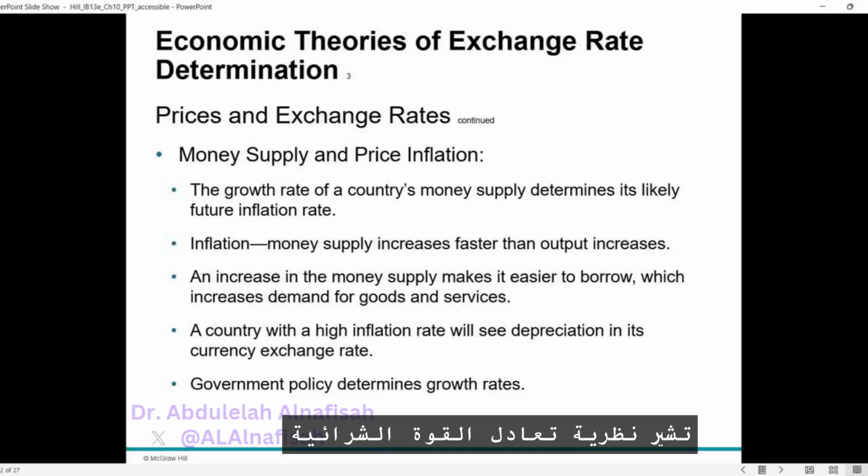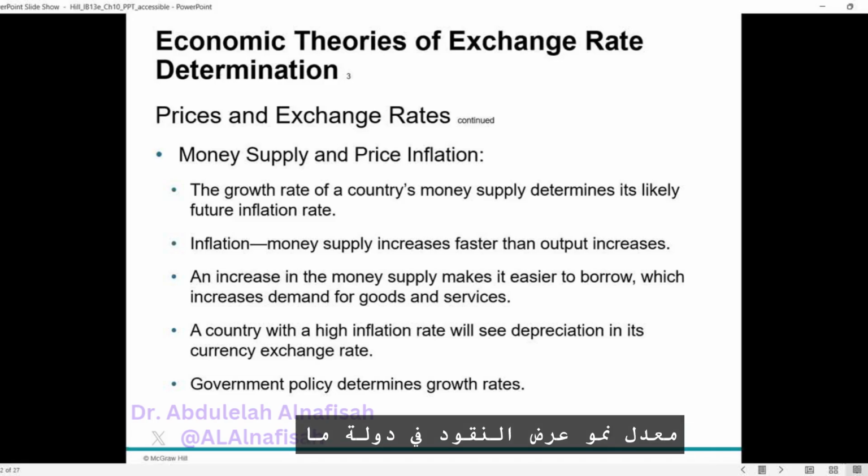PPP theory suggests that changes in relative prices, driven by inflation, will lead to changes in exchange rates. If a country experiences high inflation, its currency is expected to depreciate relative to countries with lower inflation.